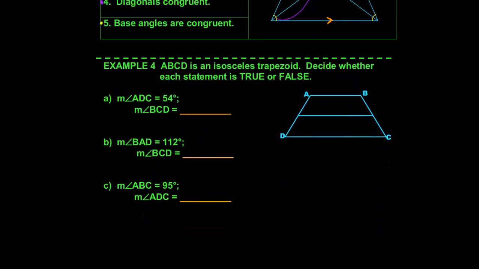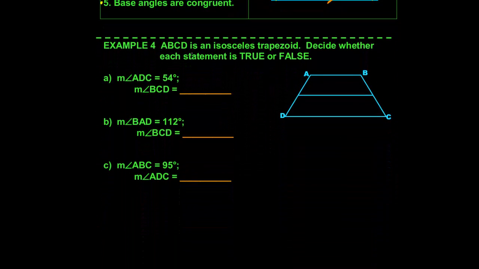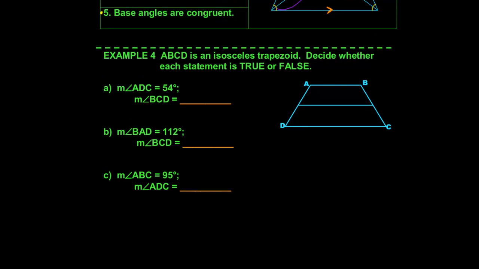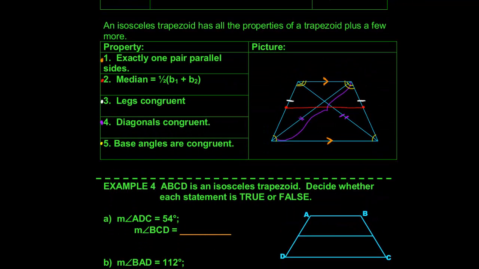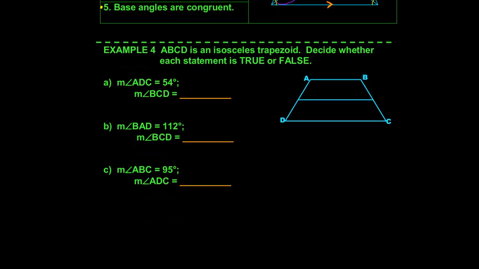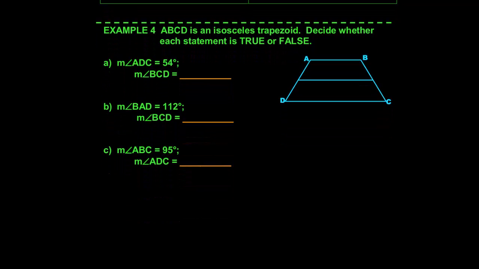So let's take that and let's move on down. ABCD is an isosceles trapezoid. Okay, so they gave us a bit of information. We know that all this we just looked at is true. Decide whether each statement is true or false.